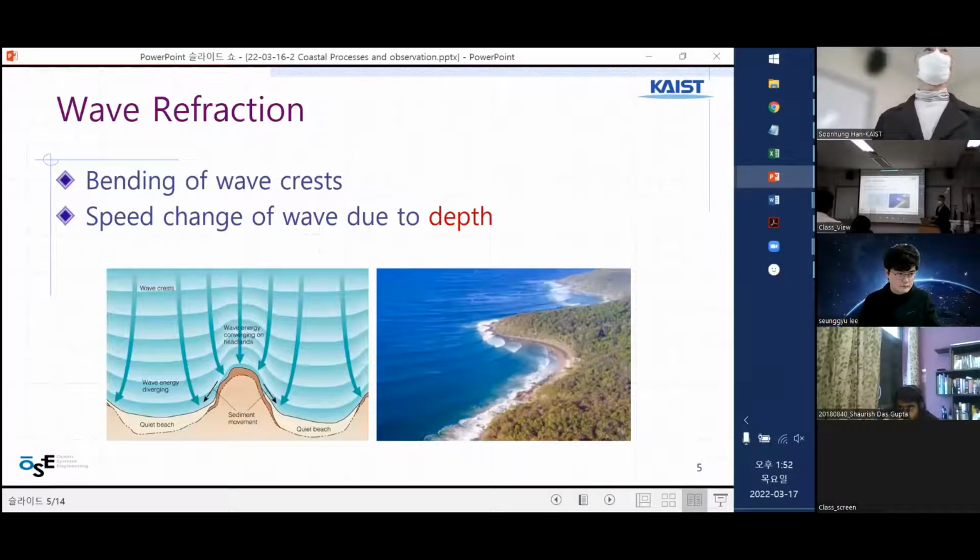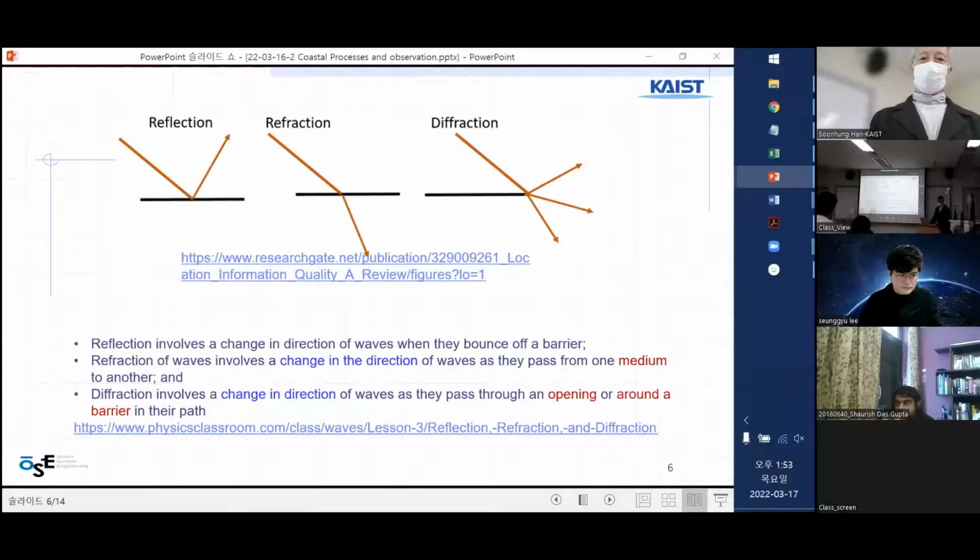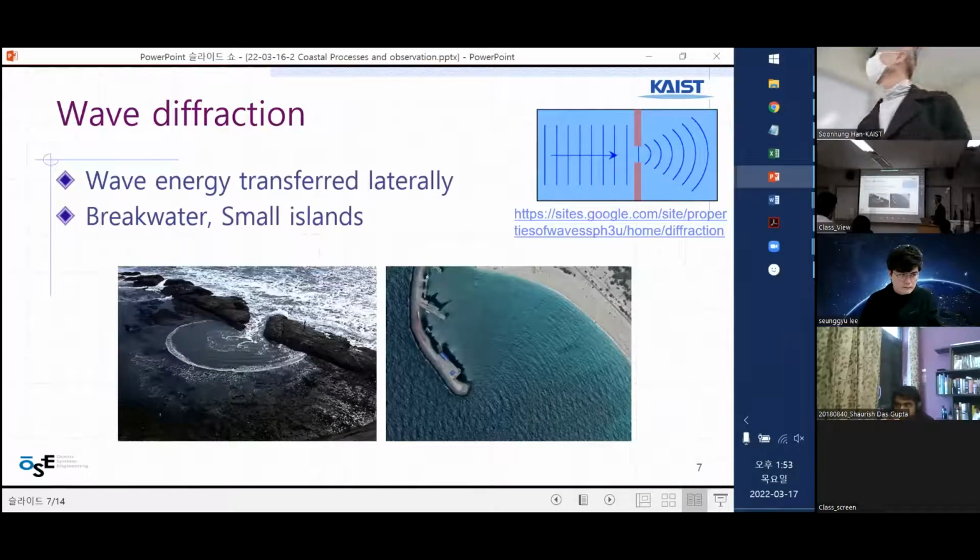The medium of the bottom side, and also the effect of these angles. And here, the same phenomenon. And diffraction is through the hole, and around the corner, around a different area.